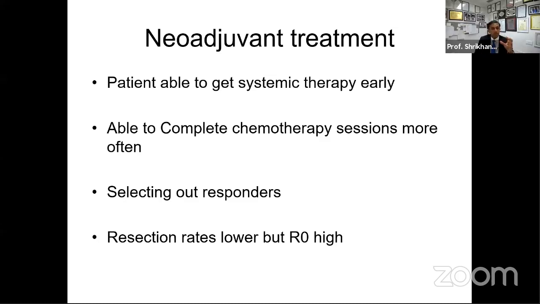But we are far away from getting any conclusive good level evidence to justify superiority of neoadjuvant treatment over upfront surgery for resectable disease. We have not even got superiority of neoadjuvant treatment in borderline resectable disease.